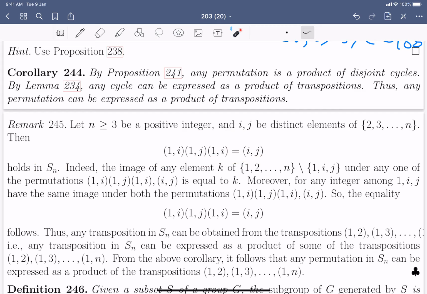In fact, the argument is just here. If you apply this permutation to an element k, which is not 1, not i, not j, this will fix k, and this also fixes k. Then you need to apply both of these permutations to the integers 1, i and j, to see that both behave in the same way on these three integers.